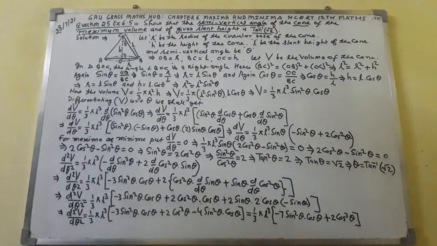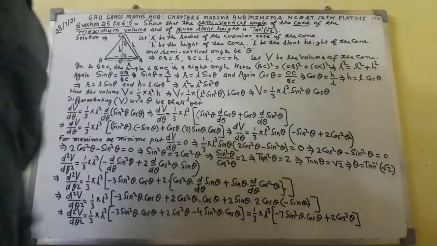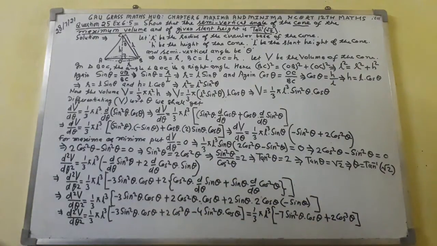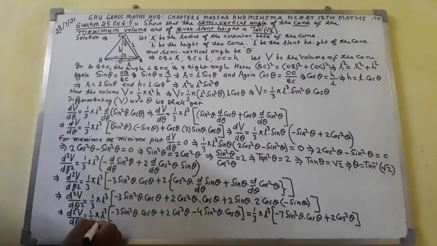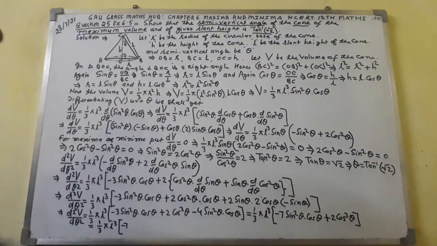What will we do next? In place of sin square theta, I shall put 2 cos square theta. So you will get here equal to 1 over 3 pi L cube. Open here square bracket minus 7, in place of sin square theta I shall put 2 cos square theta.